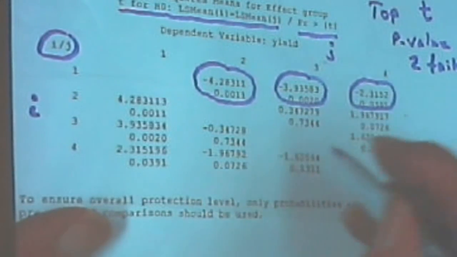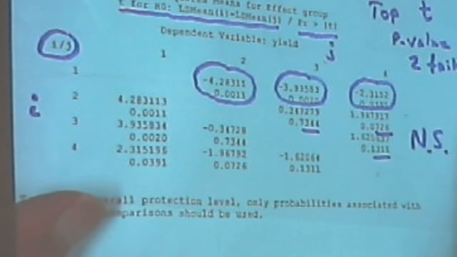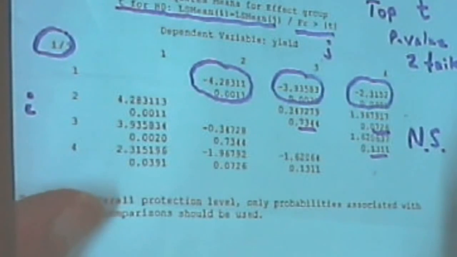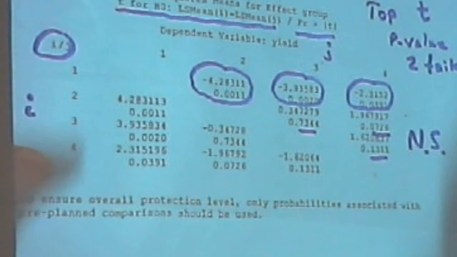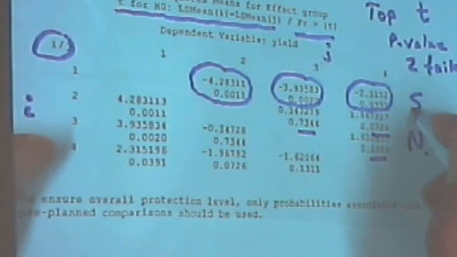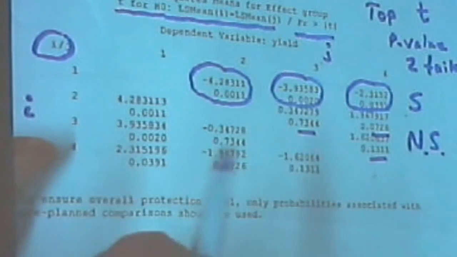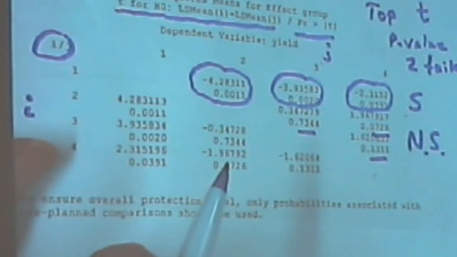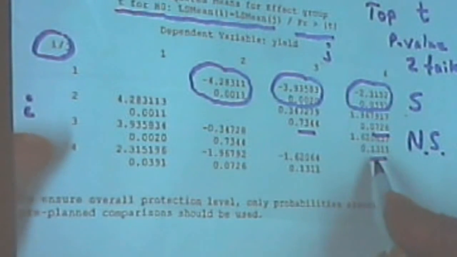The other 3, noting these p-values here, are not significant, right? None of the remaining 3 went under 0.05, so they're not significant. So the first row are all significant. So 1 is different from 2, 3, and 4. But as far as the difference between the others, 2 with 3, 2 with 4, and 3 with 4, this difference is not significant.